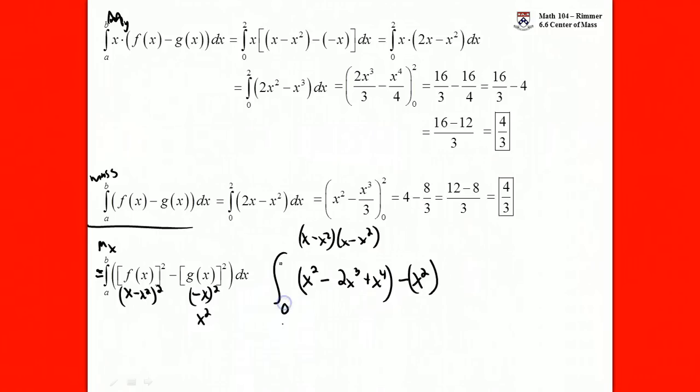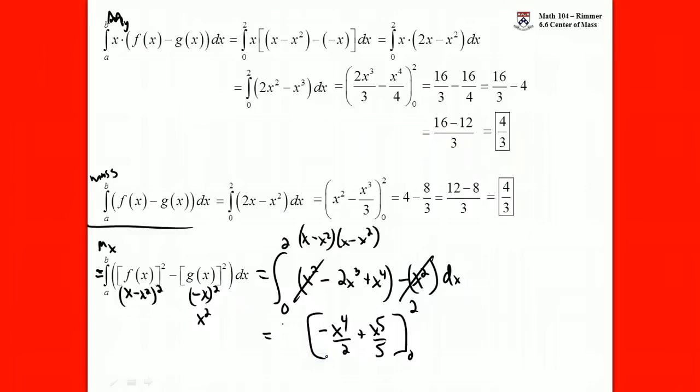Still integrate from 0 to 2. So it looks like your x squares cancel, and we end up with minus x fourth over 2 plus x fifth over 5 from 0 to 2.